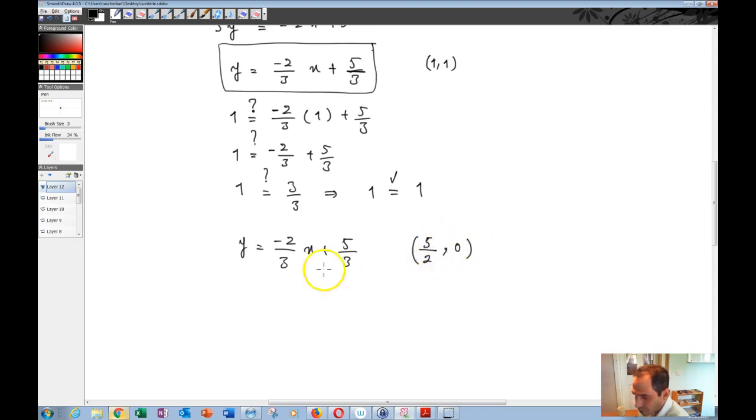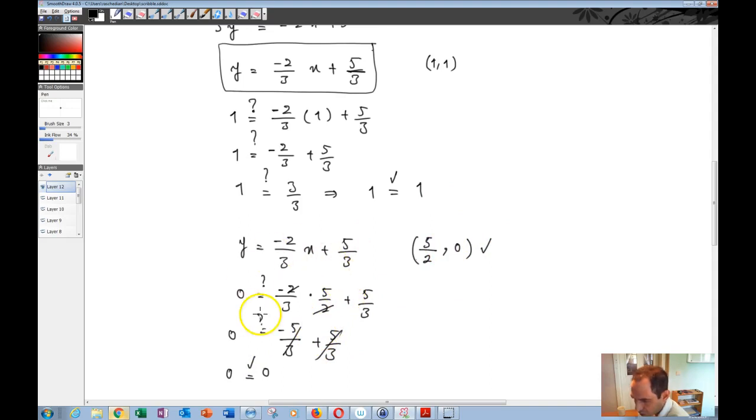If you substitute this point into this equation, you'll get 0 is equal to negative 2/3 times 5/2 plus 5/3. The 2s cancel out, so you'll have negative 5/3 plus 5/3, which is equal to 0. So 0 is equal to 0, and you see that this point is also a solution and satisfies the equation.